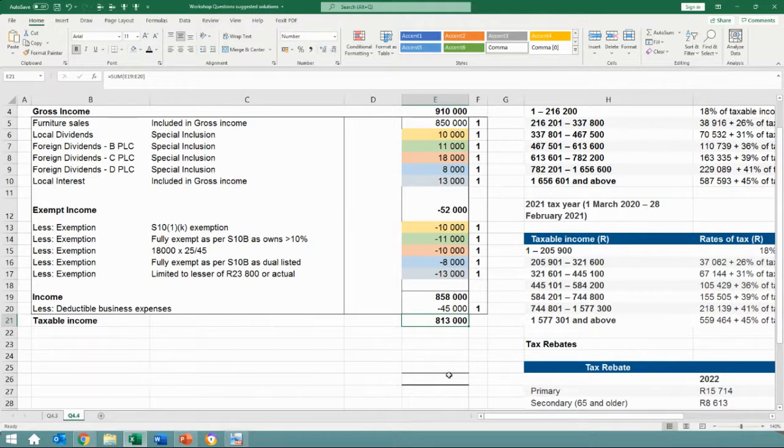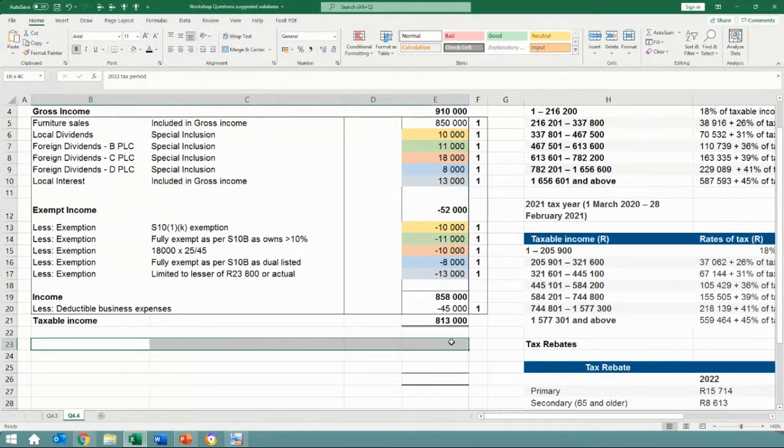They asked you for the tax liability. So we need to work out what the tax is based on that taxable income. And this is where the tax tables now come into play.